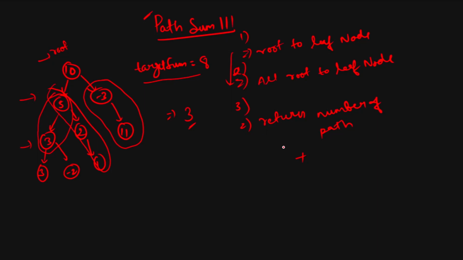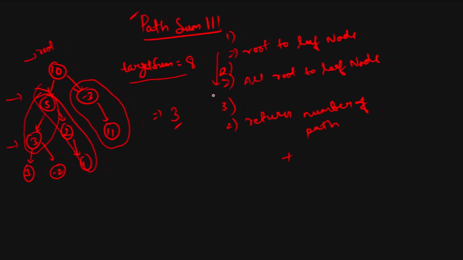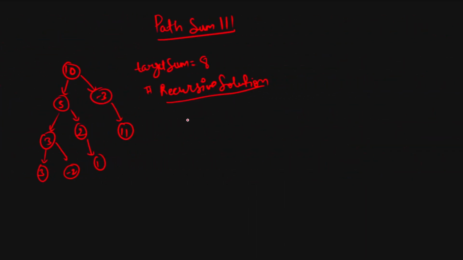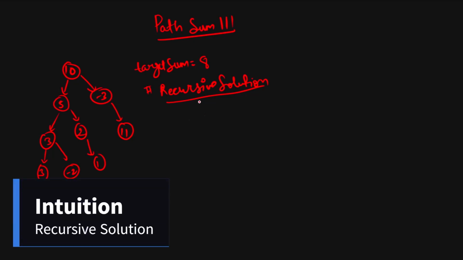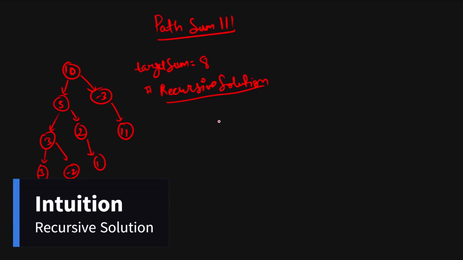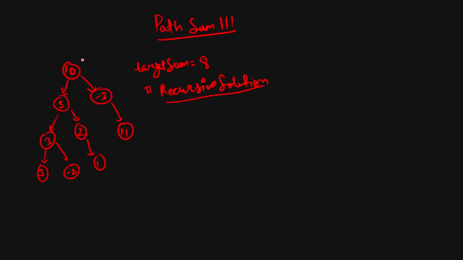So now let's see how we can solve this. Let's understand the intuition. My intuition is that I can include my root or I cannot include it, so there can be two possibilities. If I have this parent node, there are two possibilities if I go to its left or I go to its right.